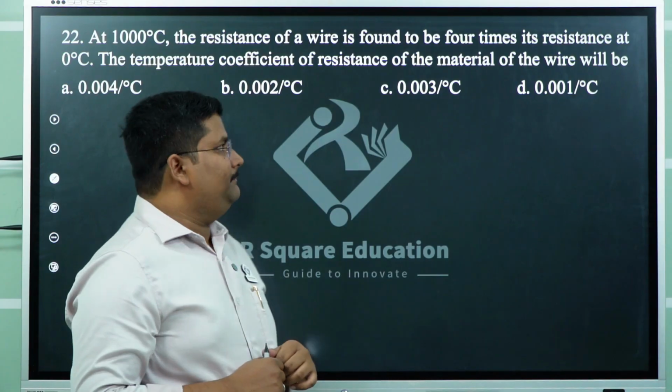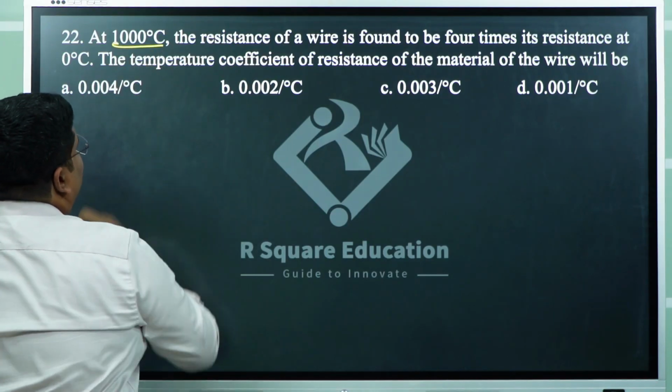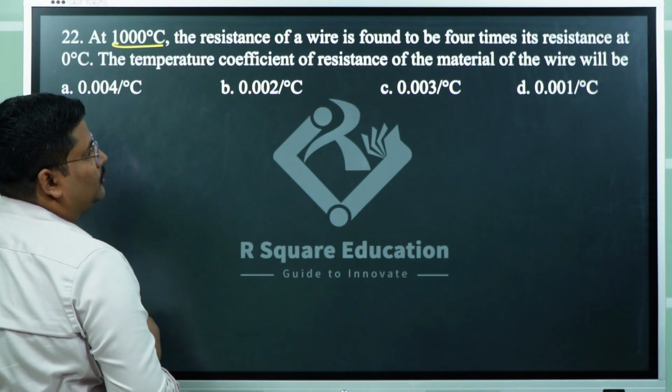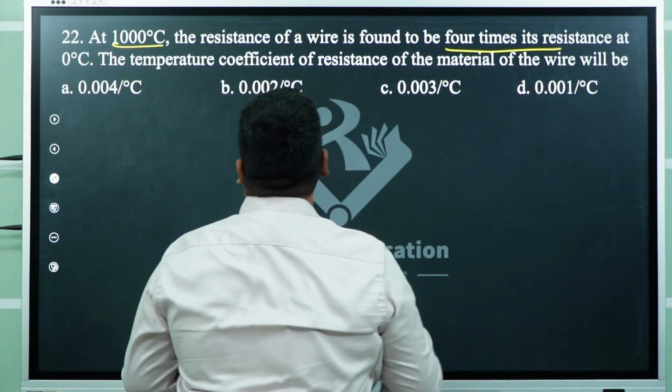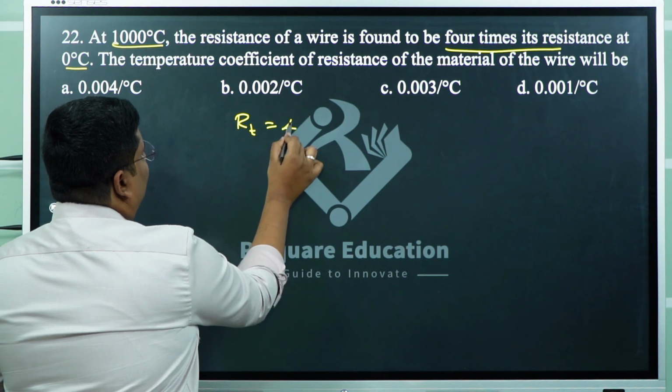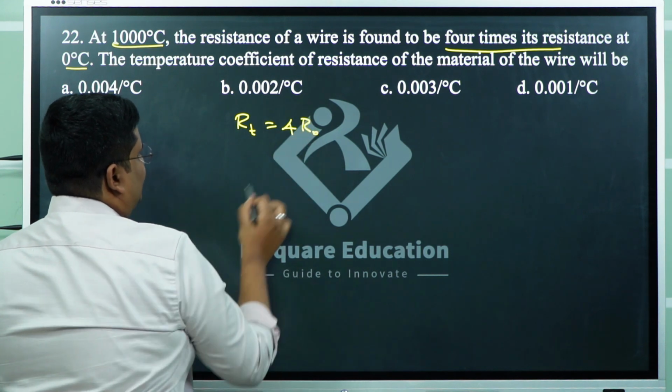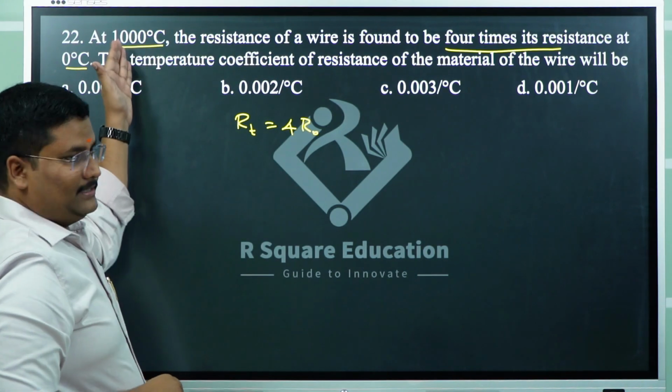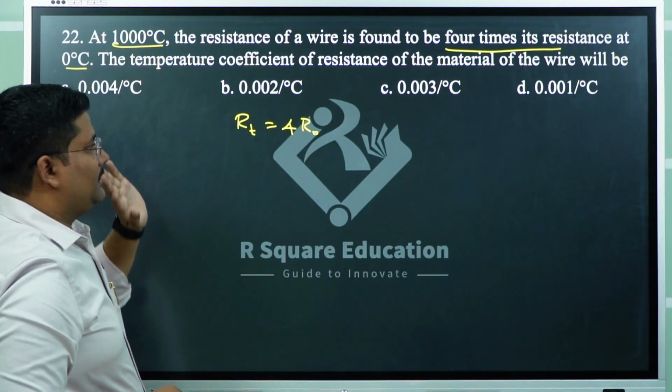See this question. At 1000 degrees Celsius, the resistance of a wire is found to be 4 times its resistance at 0 degrees Celsius. Which means RT is going to be 4 times R naught. RT is at 1000 degrees Celsius and R naught is at 0 degrees Celsius.